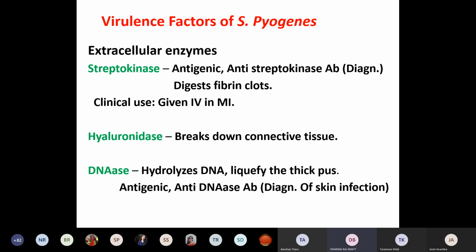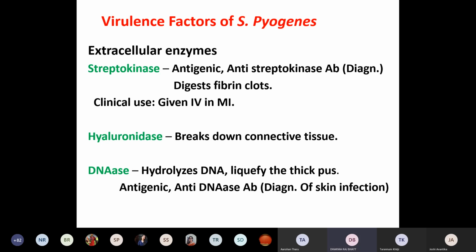These are some of the enzymes which are produced by, again, Streptococcus pyogenes. I am mentioning these enzymes because, during the laboratory diagnosis, detection of these antibody-like substances produced by our immune response is important. You can see streptokinase is an enzyme produced by Streptococcus pyogenes.